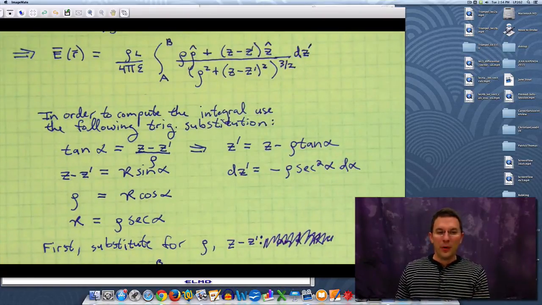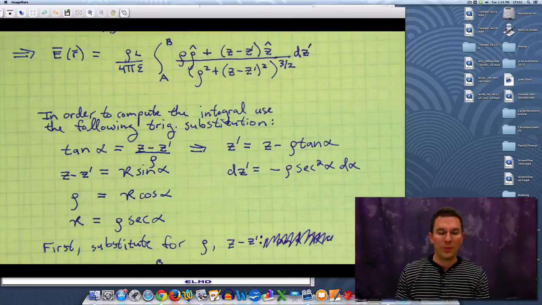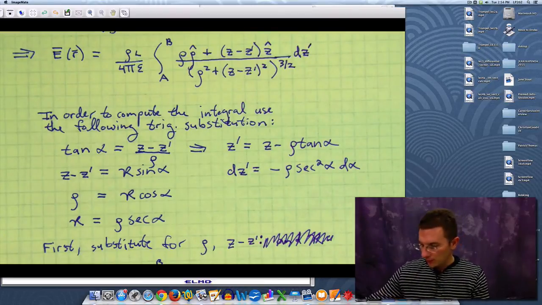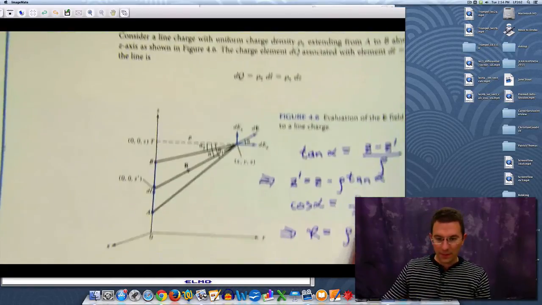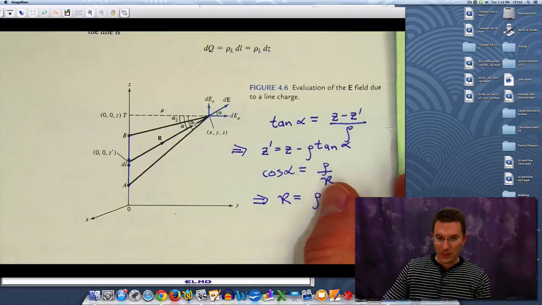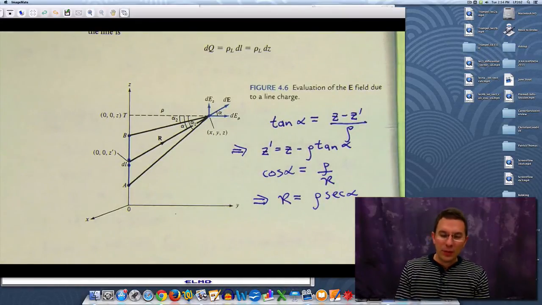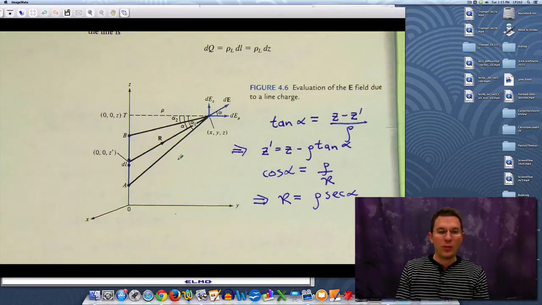In order to compute the integral, we need to use the following trigonometric substitution, and this is a kind of trick. I refer you back to the original diagram again. We can't do the previous integral in Cartesian coordinates very well, so we're going to define an angle alpha right here.